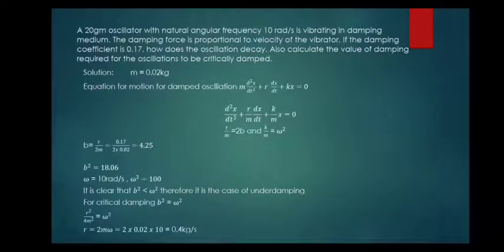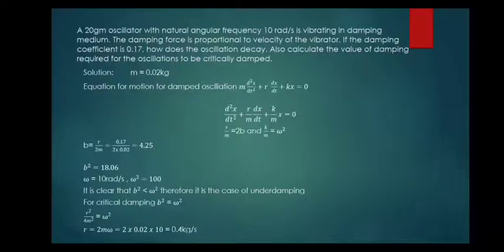So in order to find the damping required for critical damping, we have the condition b square is equal to omega square. b is equal to r by 2m, so b square will be equal to r square by 4m square, which is equal to omega square.